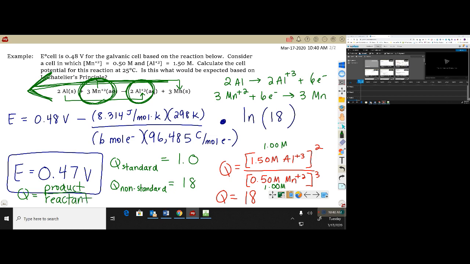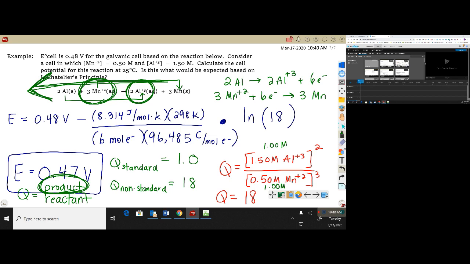if the non-standard cell is bigger than 1, then there's too much product. This is dominating. There's too much product, not enough reactant. We're shifting this thing in reverse. If it's going in reverse, the cell potential decreases. And that's how they're going to want you to explain this on the AP test.